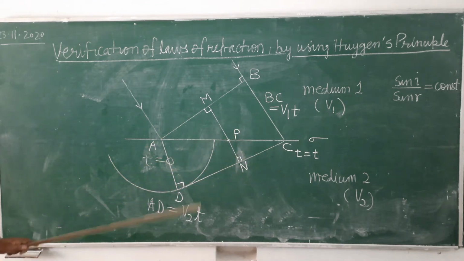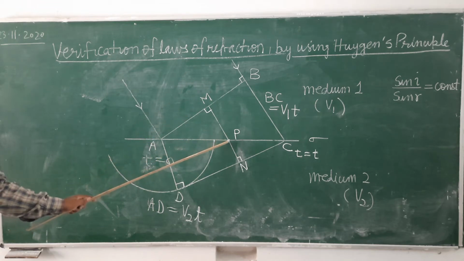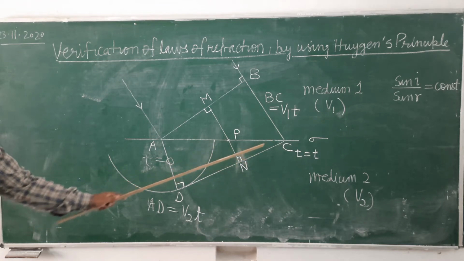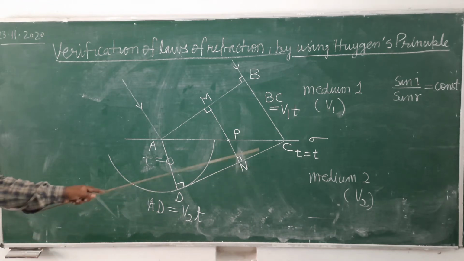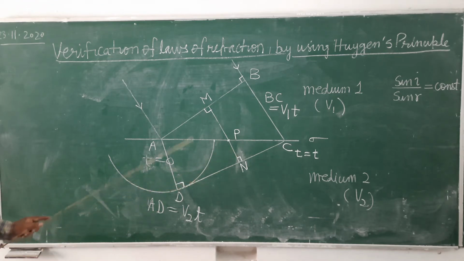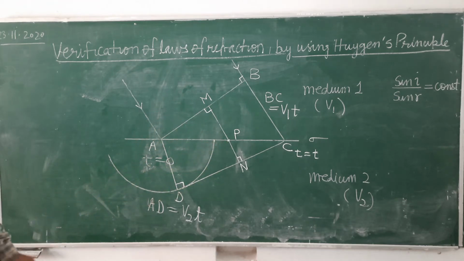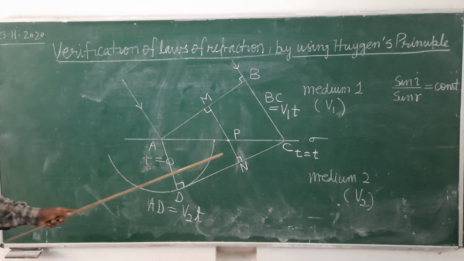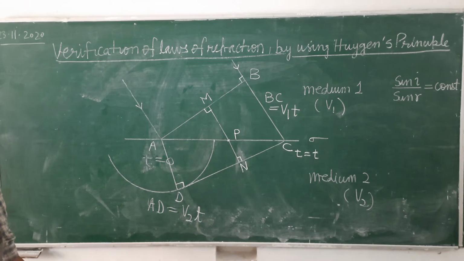So if we can prove that the secondary waves emitted from here touch CD at time T, then CD will be the new position of wavefront at time T. It's clear? Because we have proved it for an arbitrary point. Arbitrary means which is not specific. Is it clear?